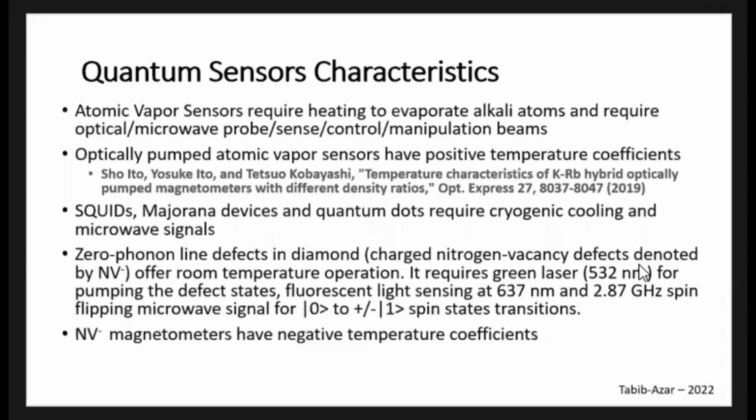These are called zero phonon line defects. And the reason is that they're not affected by the vibration of the lattice in diamond. So there is a small temperature dependence, but even at room temperature, you don't need to cool them down in order to be able to use them for some useful magnetic field sensing or electric field sensing.